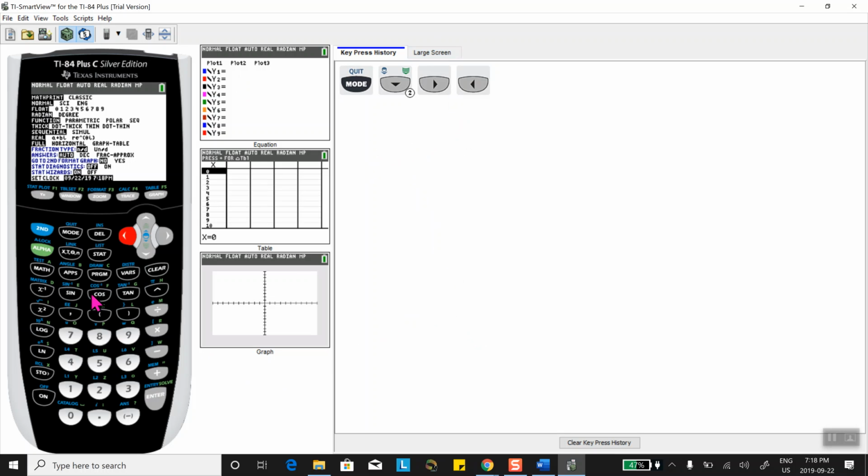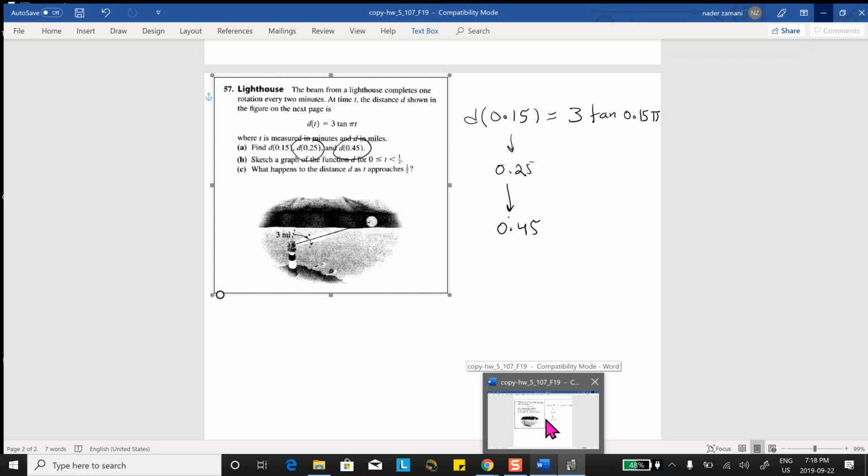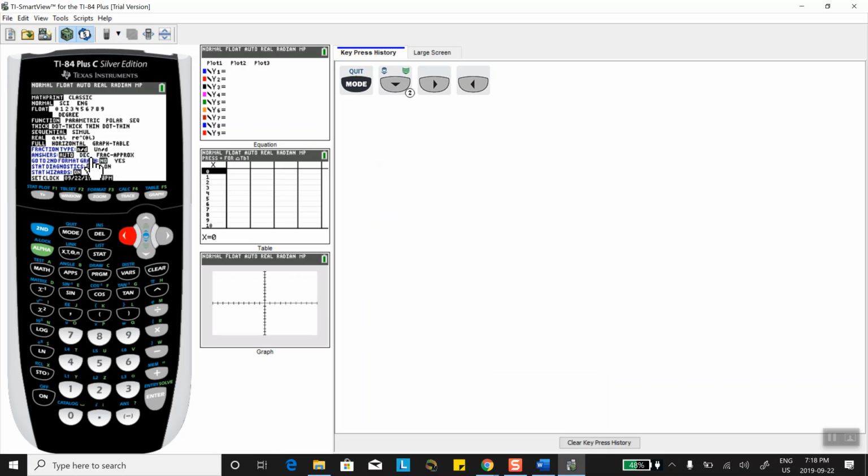Okay, so let's see now. We want to type that expression: 3 times tangent of 0.15 pi. You may have your own ways of doing these things, but let me clear that.